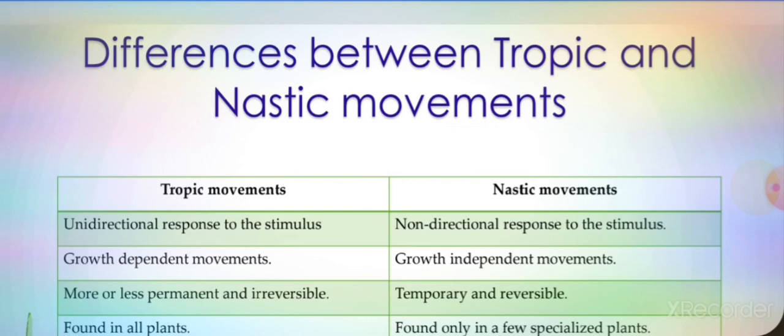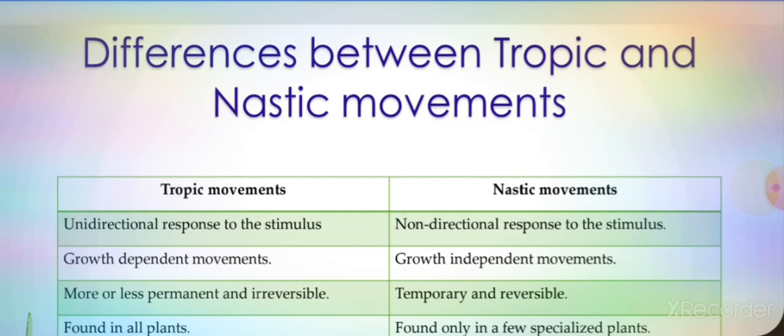And tropic movements, they are more or less permanent and irreversible. So again, it cannot be reversed. It is permanent. A stem grows day by day, and that growth cannot be reversible. But nastic movements are not like that. It is temporary.